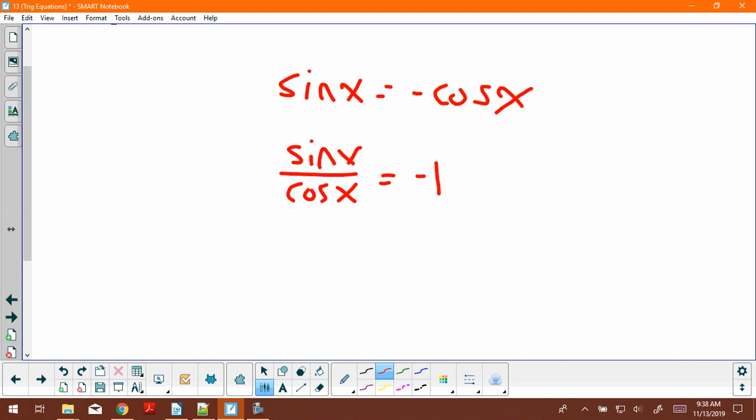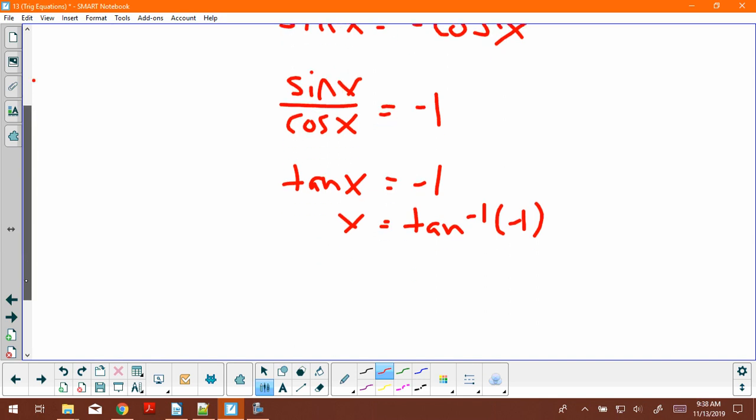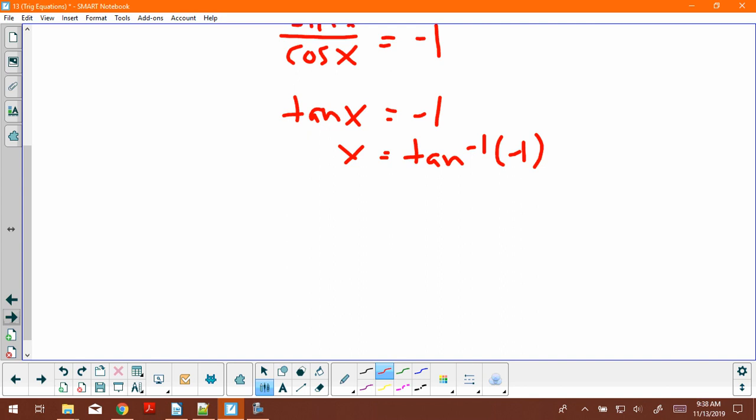So this workaround will allow me to change my ratio, because sine over cos is equal to tan. So tan x equals -1, and now I just have to do the tan inverse of -1. Again, our restriction was between 0 and 2 pi, so I've only got to look at the unit circle, and I don't have to do any other angles than that.